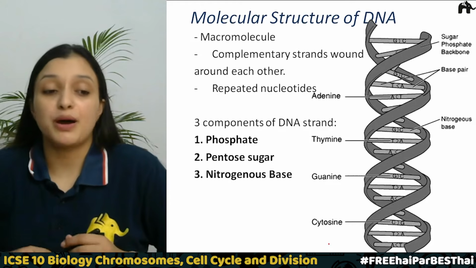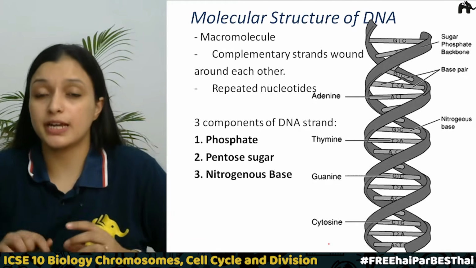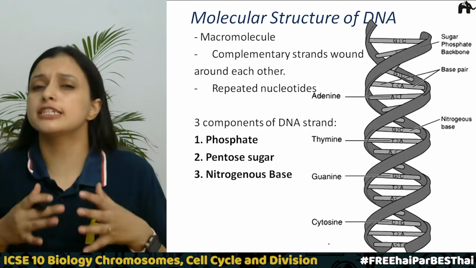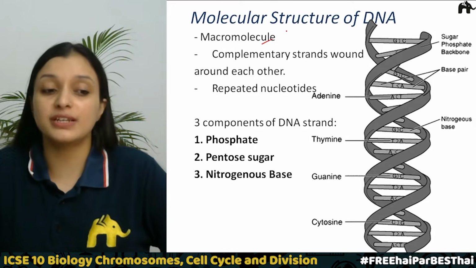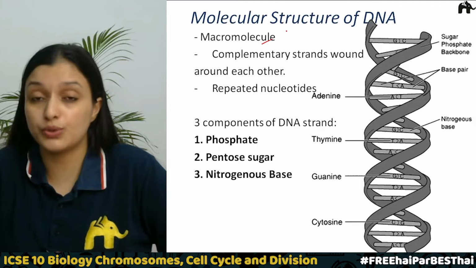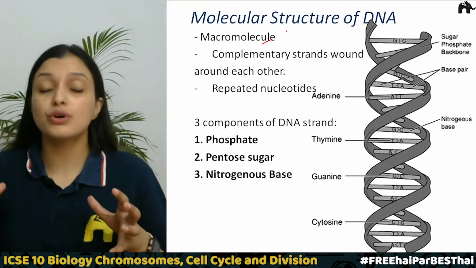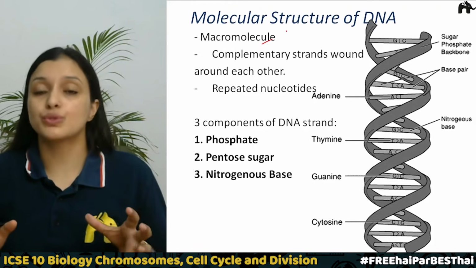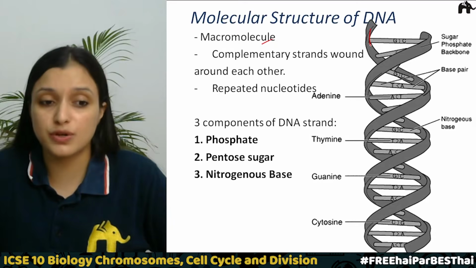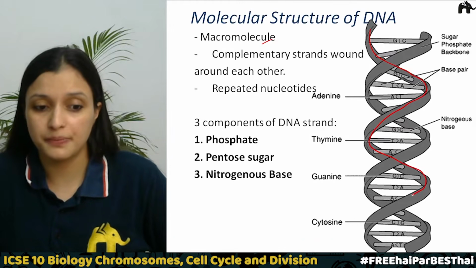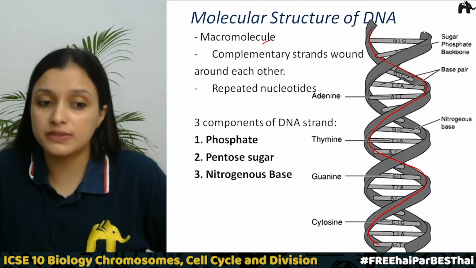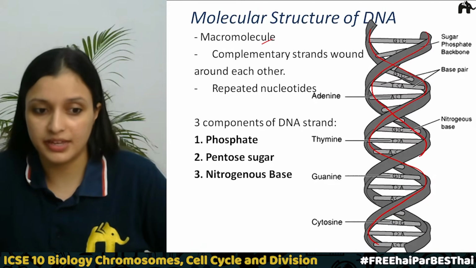Now, talking about the molecular structure of DNA, a molecule of DNA is very huge, very large, and that is why we call it a macromolecule. There are two strands which are bound to each other. This is strand 1, right? This is the first strand, and this is the other strand.